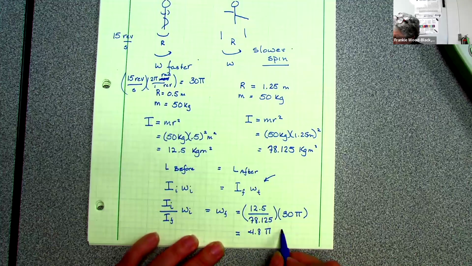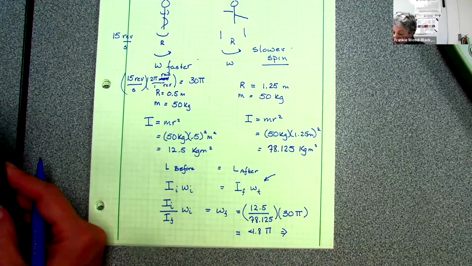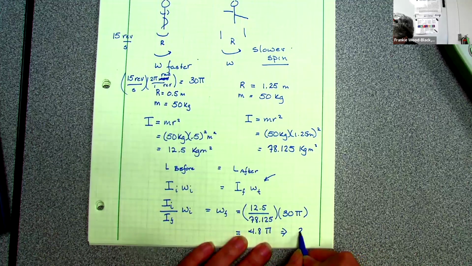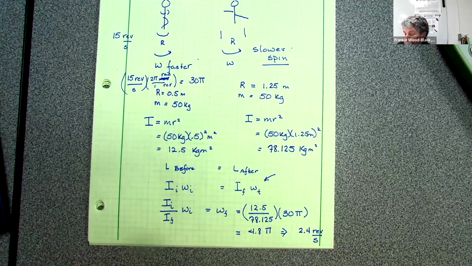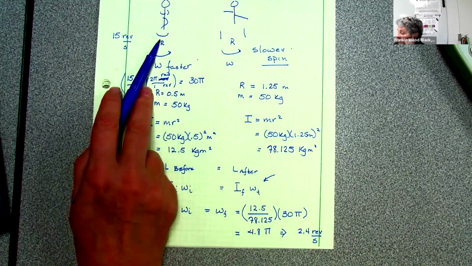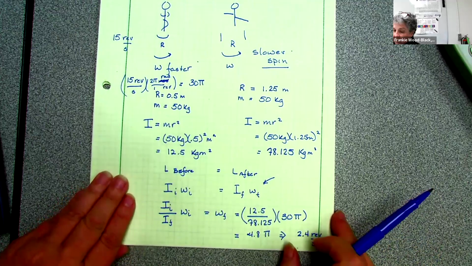And if we want to know the new revolutions per second, this is going to be 2.4 revolutions per second. So we go from 15 revolutions in our tight spin to 2.4 revolutions in our slower spin, just because we've changed the radius. And if you've ever spun around on something, we see that.